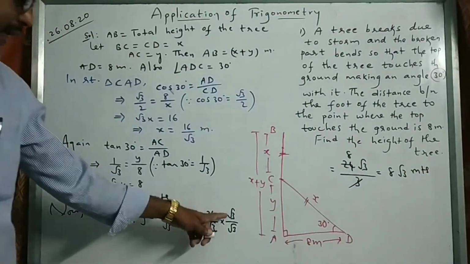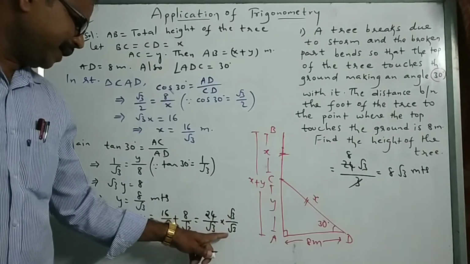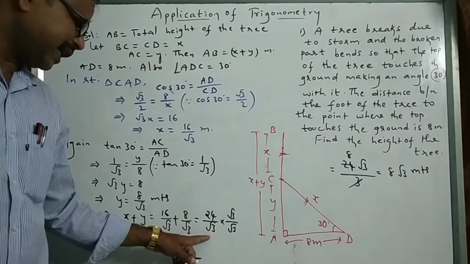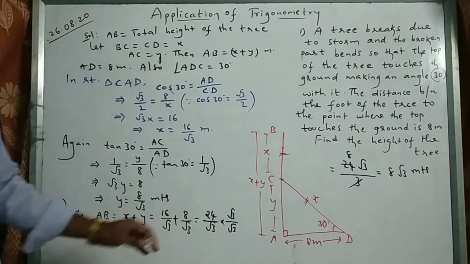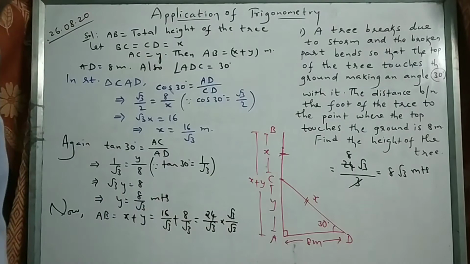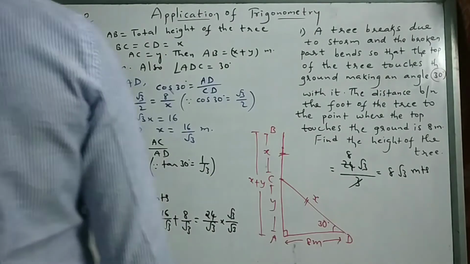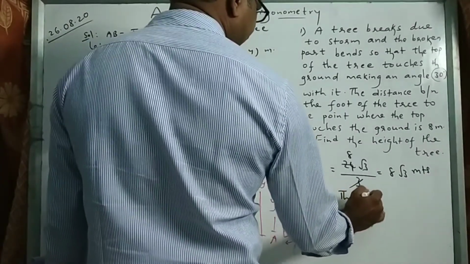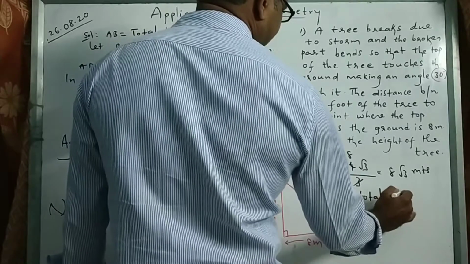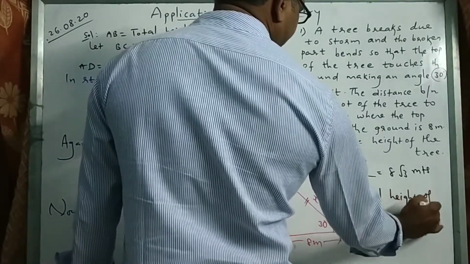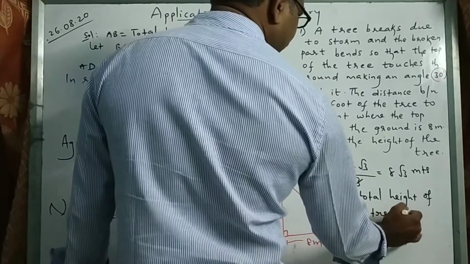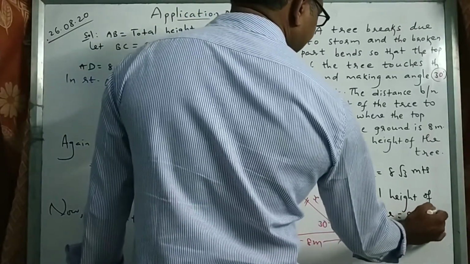So what did I do here? Multiply numerator and denominator with the rationalizing factor of root 3, that is root 3 only. So root 3 by root 3. So we will get 8 root 3 meters. Right? So therefore the total height of the tree before it was broken is 8 root 3 meters.